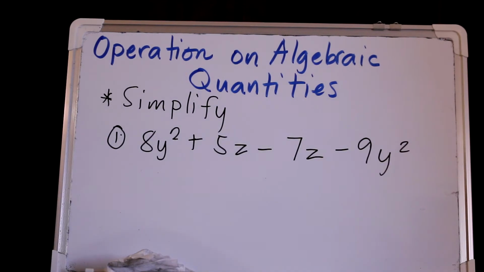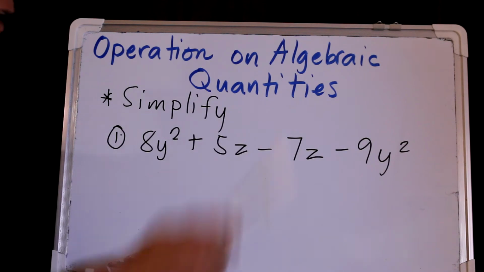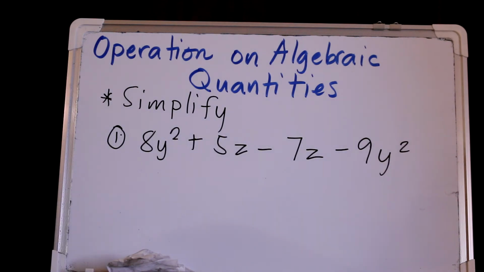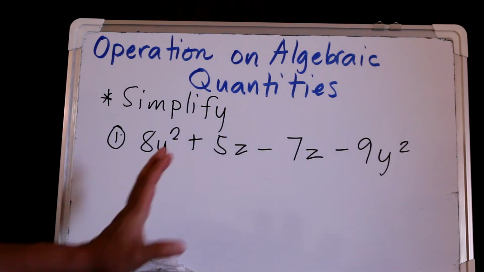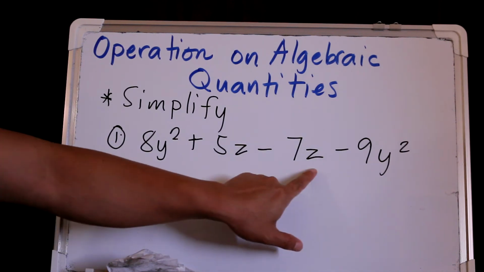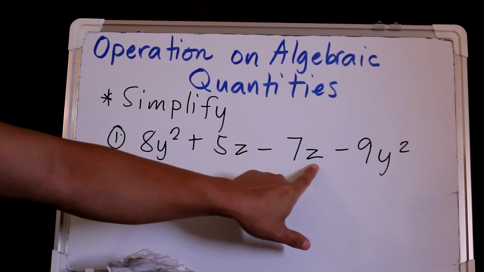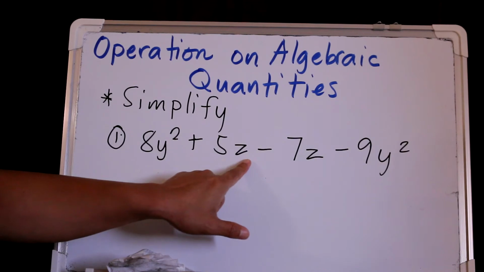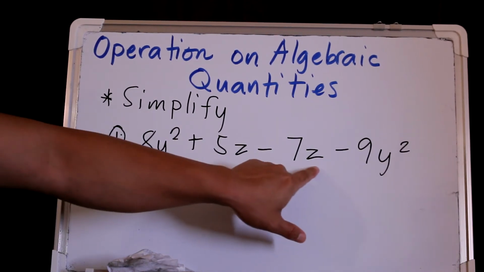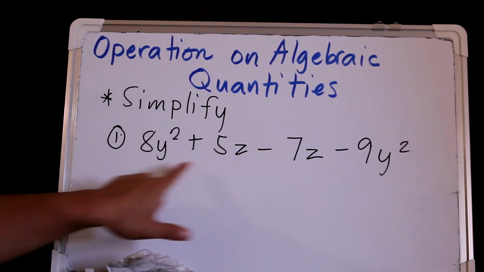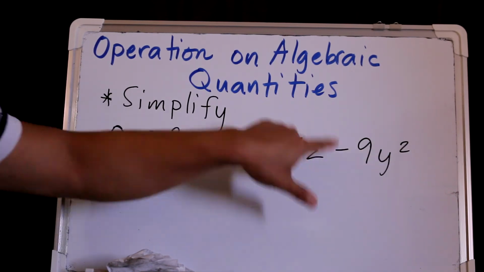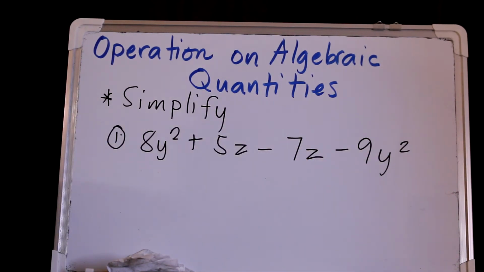Okay, so what we're going to do is, because this is minus and plus only, you are going to combine like terms only based on the variable that we have. So z and this one, the variable y, and the exponent are the same, so we can minus them.